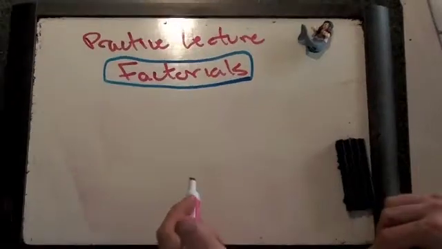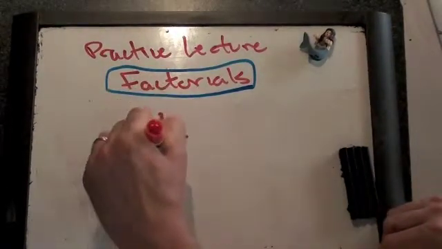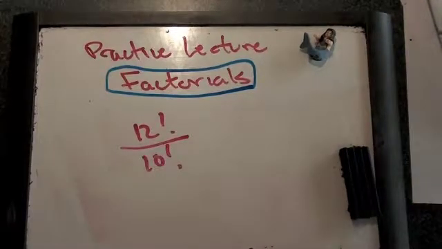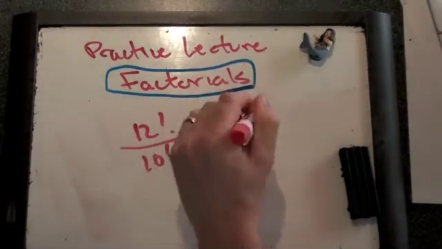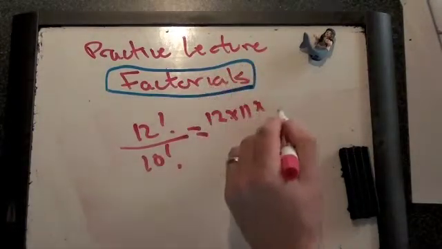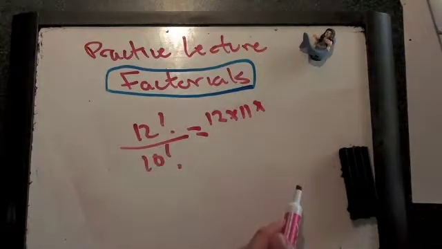Now, dividing factorials. 12 factorial divided by 10 factorial. This is crazy. 12 times 11 times 10 times 9 times 8 times 7 times 6 times 5 times 4 times 3 times 2 times 1.